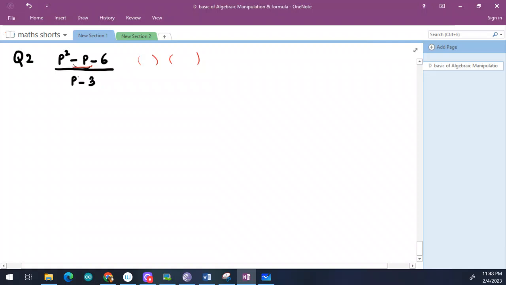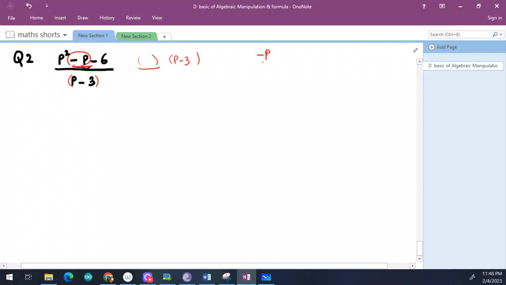Our main concern is that this should be one term here and there should be one other term here. When we multiply them, we will get this. I don't know if you get my point or not. So what is the logic? How can we break this minus p? This is the middle term, minus p. What we want is minus p.